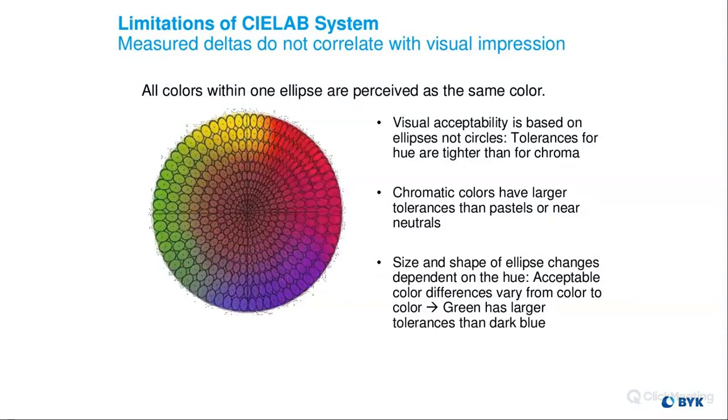So chromatic colors are very saturated colors. If you see in this example here, the colors on the outside are very saturated colors. They're very bright and vibrant, whereas achromatic colors are colors that are very pastel, like your light yellows or light reds. They're not going to pop at you, whereas chromatic colors like fire engine red are going to pop at you.